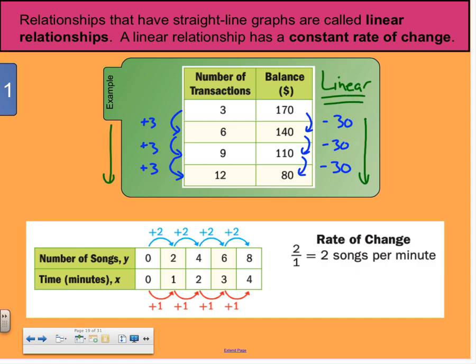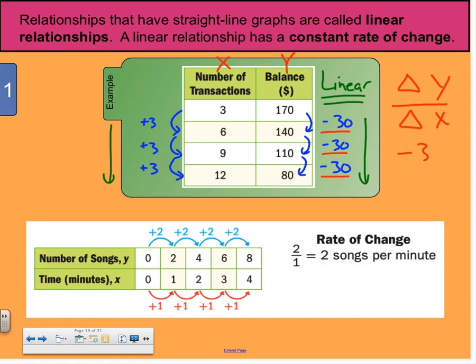Well, what exactly is the constant rate of change? Well, the constant rate of change is the change, which we represent by this delta symbol, the change in y over the change in x. Well, if the balance is the y, because it depends on the number of transactions, and the number of transactions would be x, we noticed that the change in y was negative 30 each time.